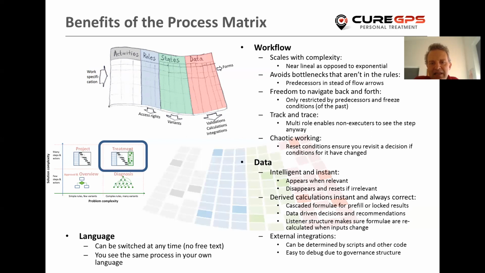Then for the data, it's intelligent and instant. It appears only when relevant, and you only have to set values that have a meaning in your particular version of the flow. Otherwise, those will disappear, and it resets data as you go.